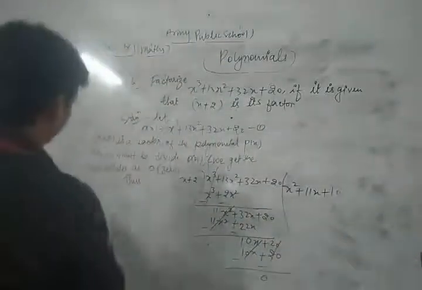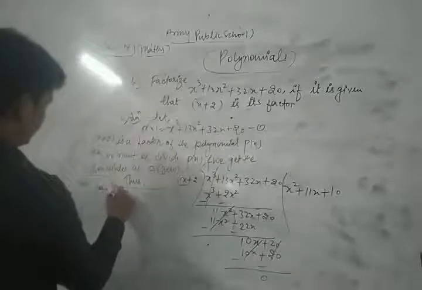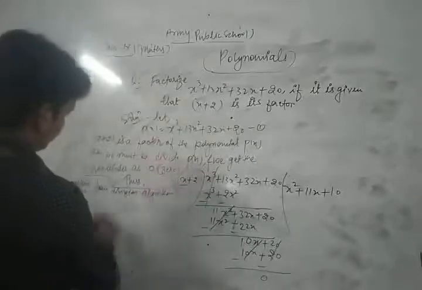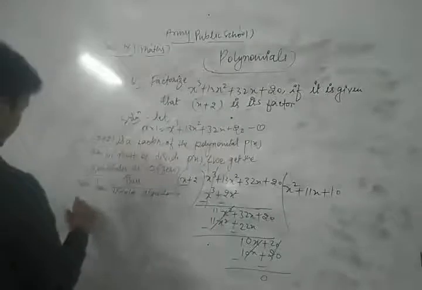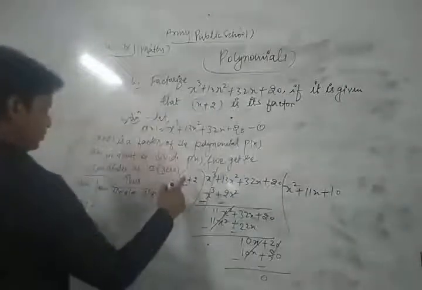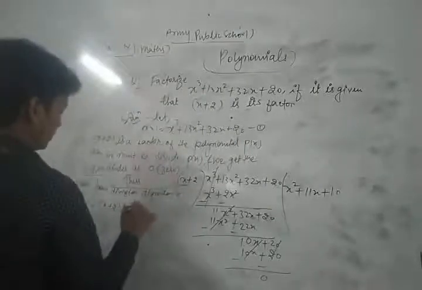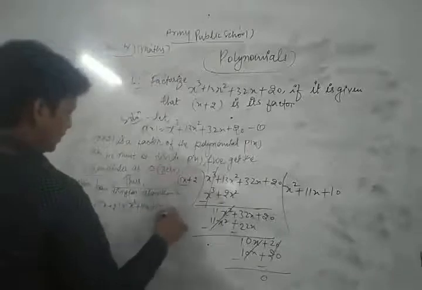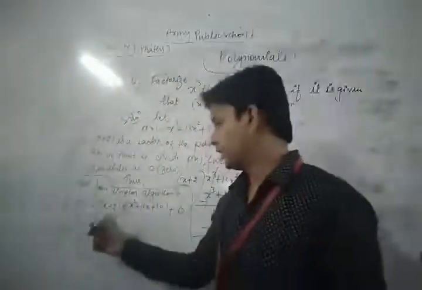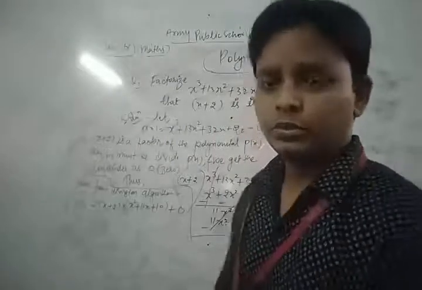From the division algorithm, the dividend p of x is equal to divisor into quotient plus remainder. The divisor is x plus 2, the quotient is x square plus 11x plus 10, and the remainder is 0. So we use that concept.